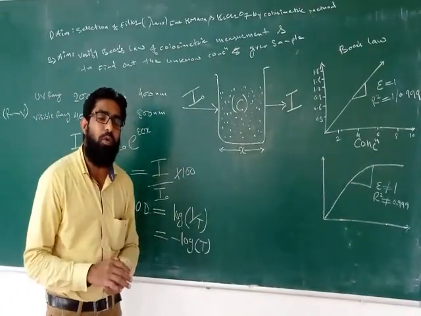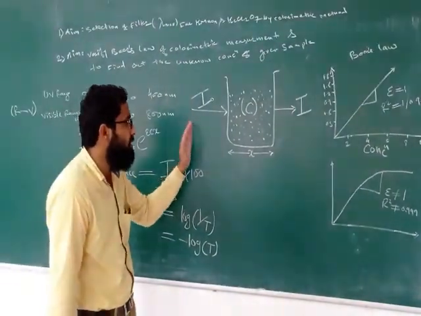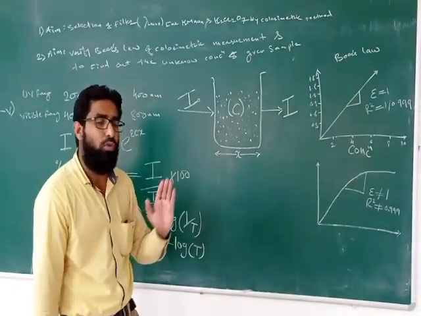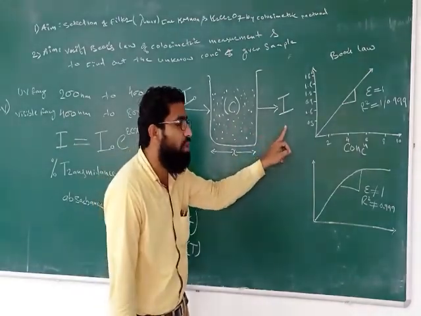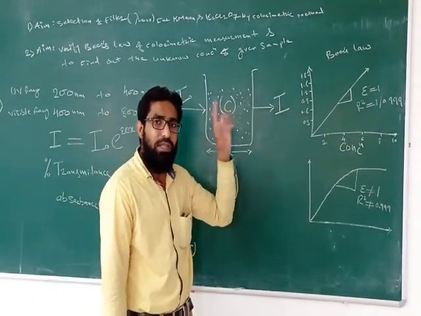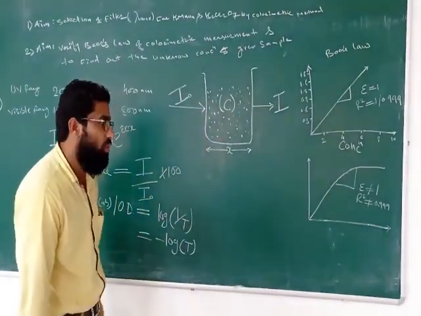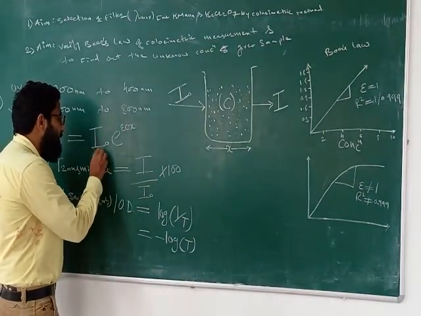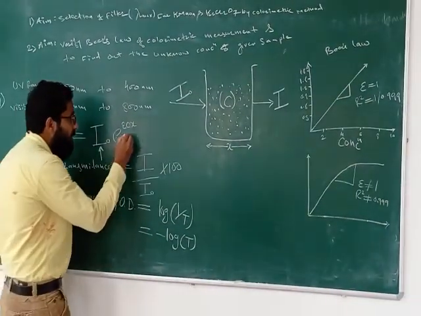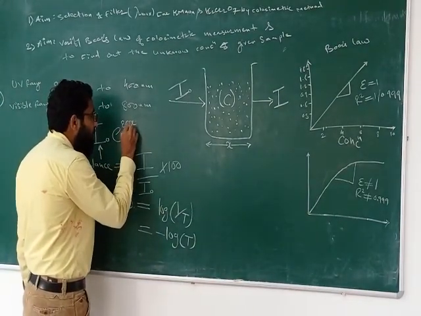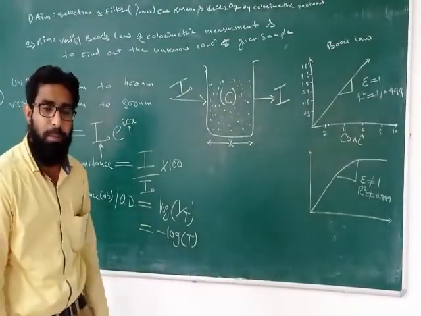If a beam of monochromatic light is passed through a homogeneous solution of absorbing medium, then the intensity of transmitted light is directly proportional to the intensity of incident light and the concentration of analyte present in the solution.